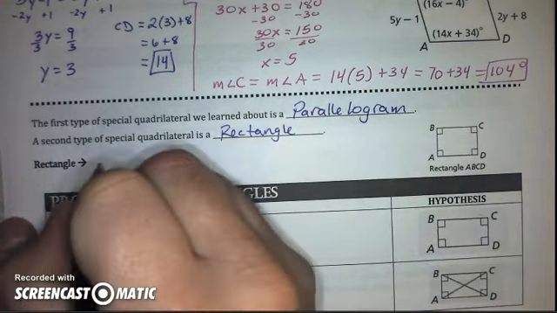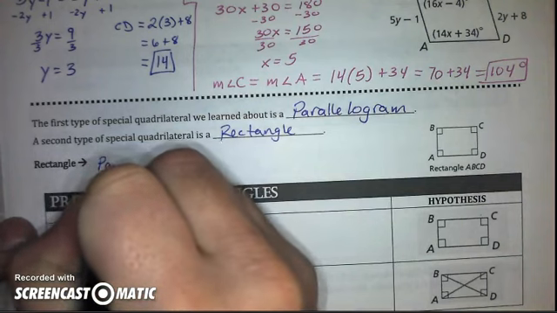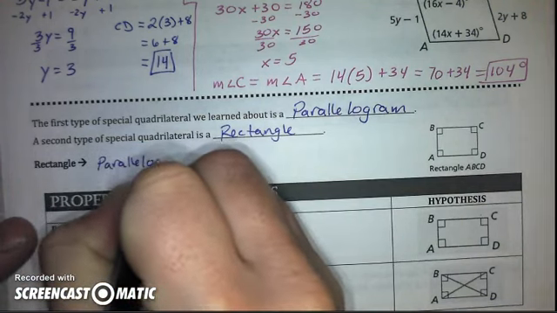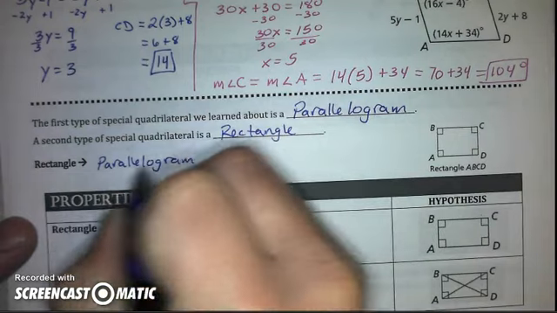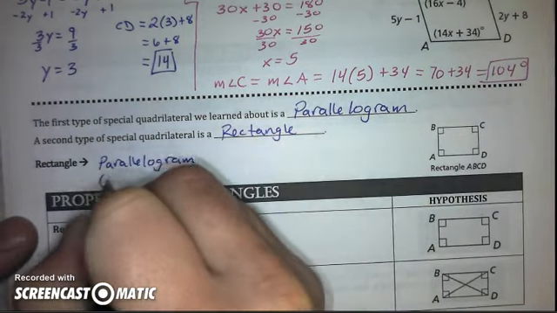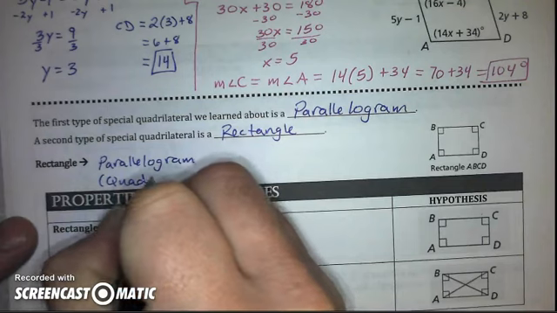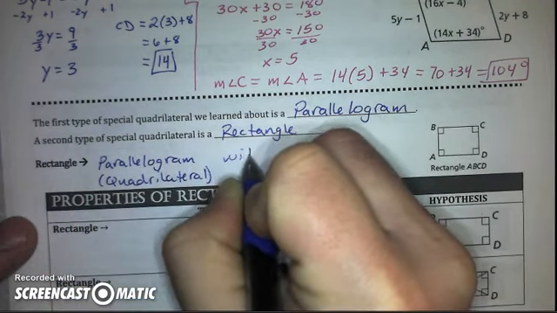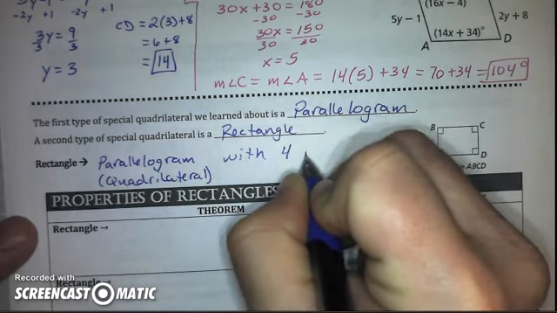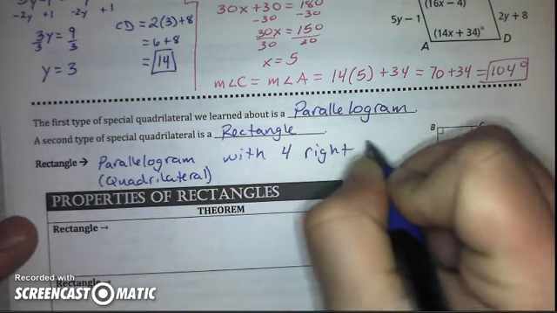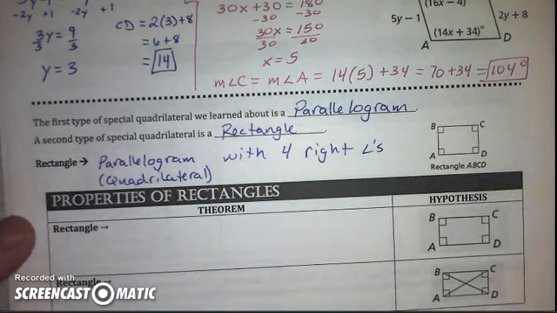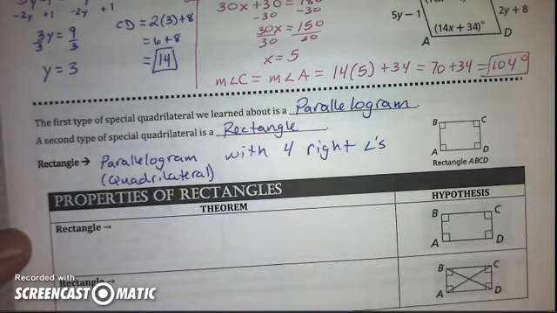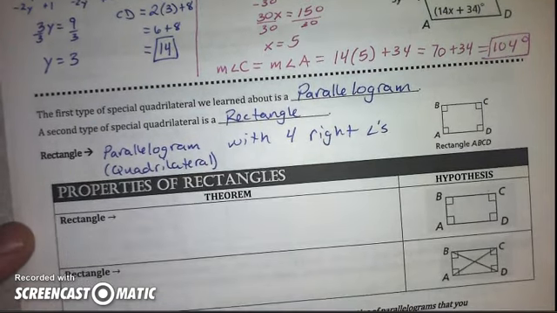So a rectangle is a parallelogram, or for that matter, we could just call it a quadrilateral, with 4 right angles. Okay, so there are two main properties of rectangles.